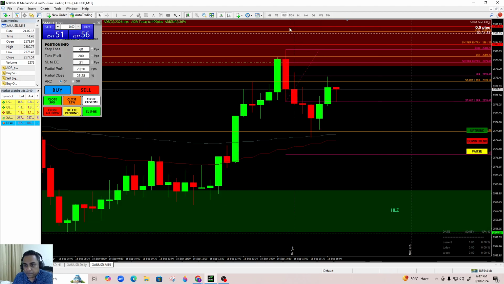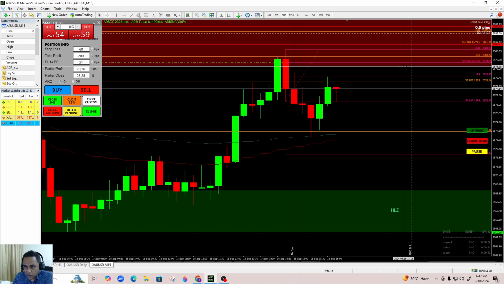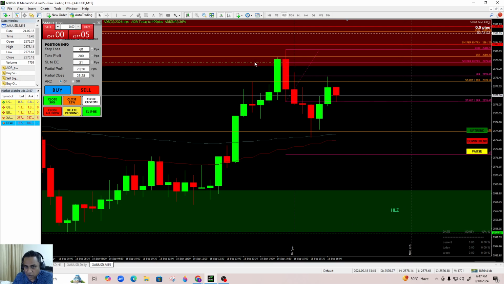Okay, so we're ranging, as expected, in this black area, which is a 100 pip range. We're just moving up and down with absolutely no direction, and that's expected, because this is not any other day.